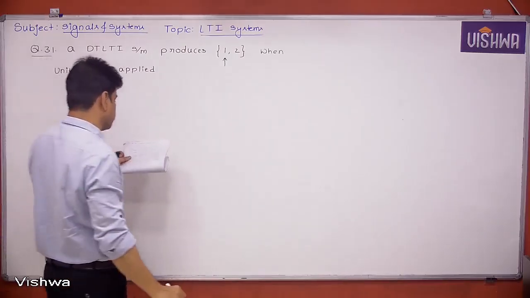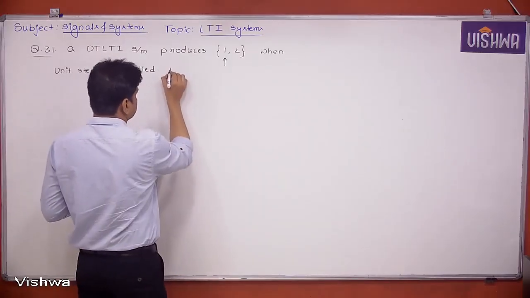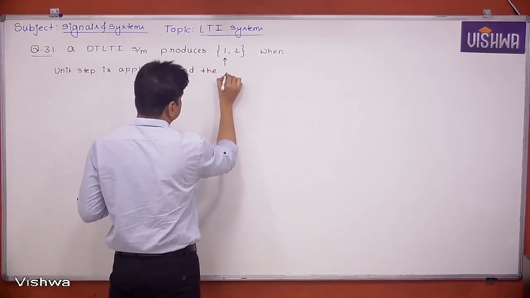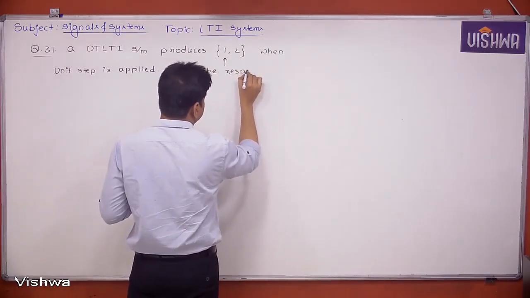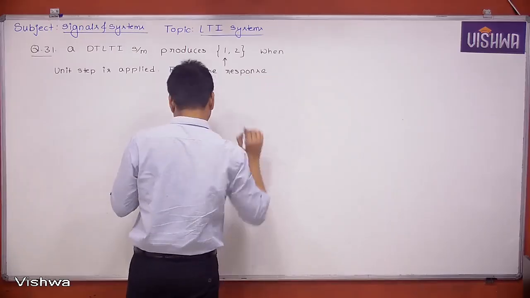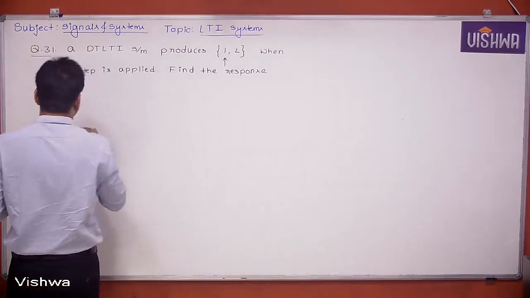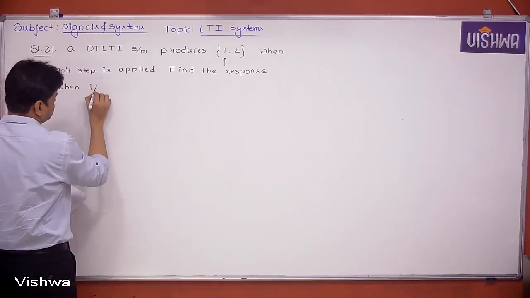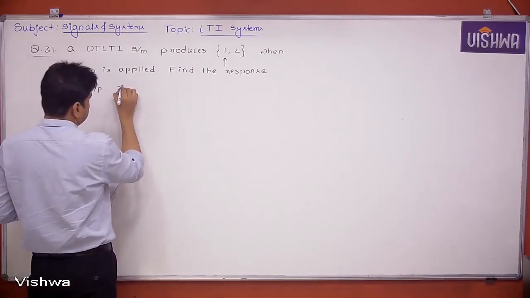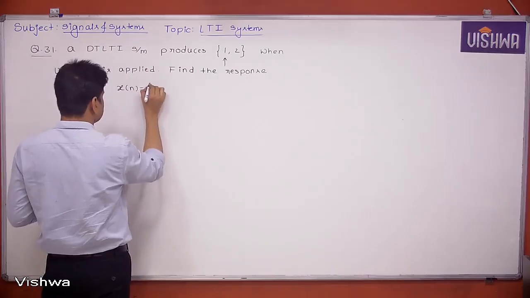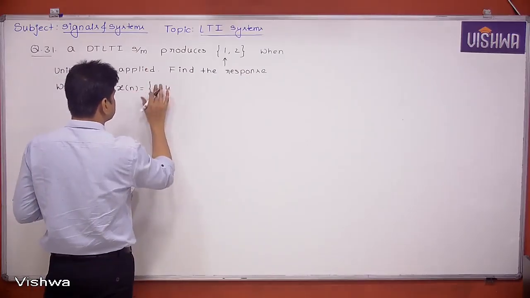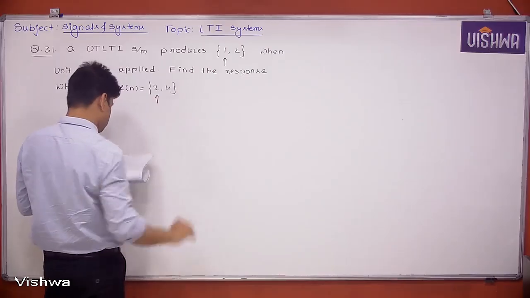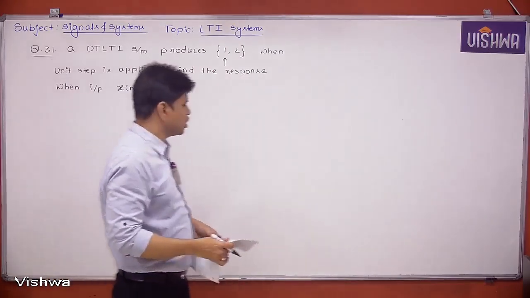Find the response when input x of n is equal to 2, 4. Okay.